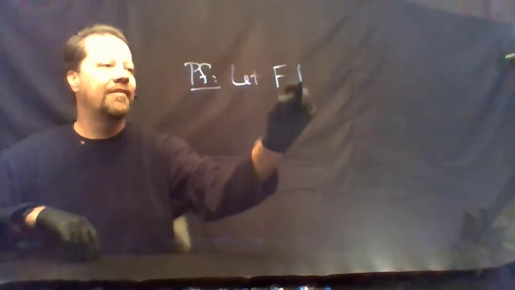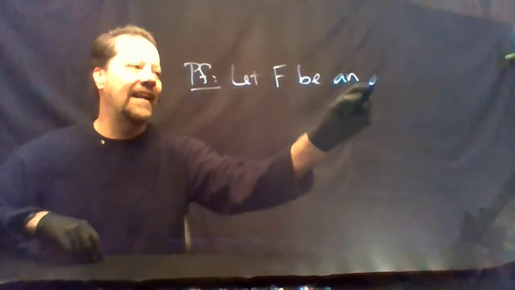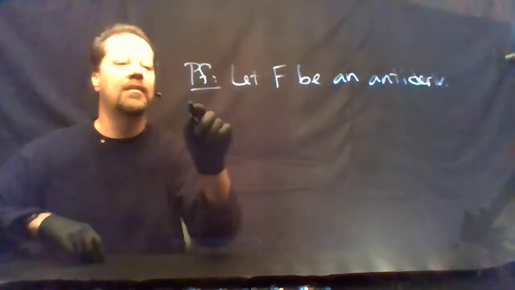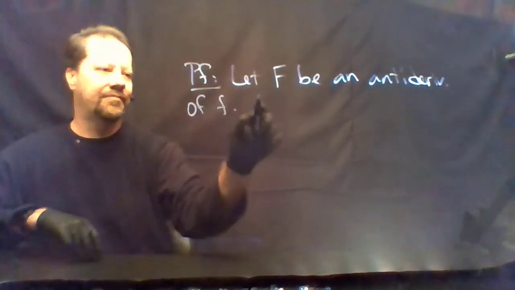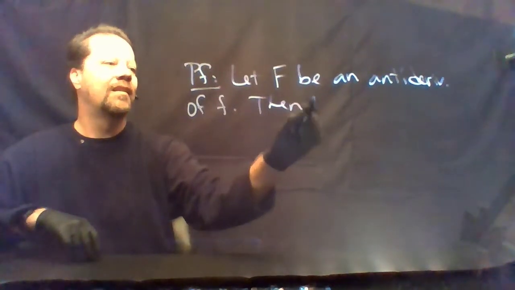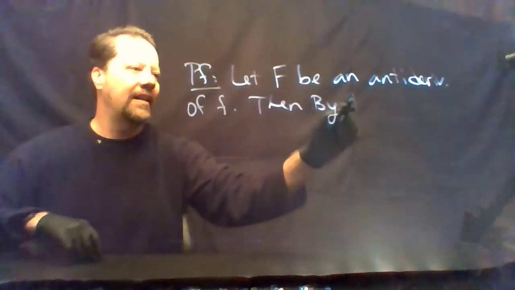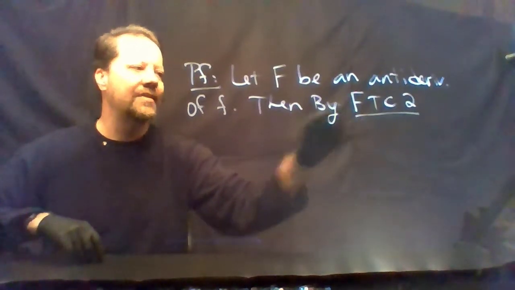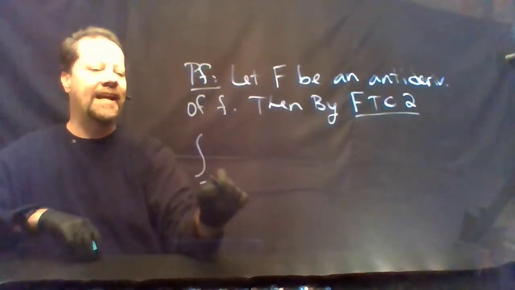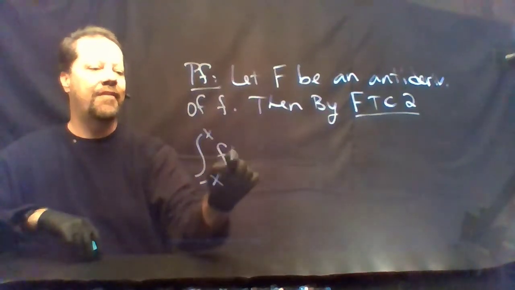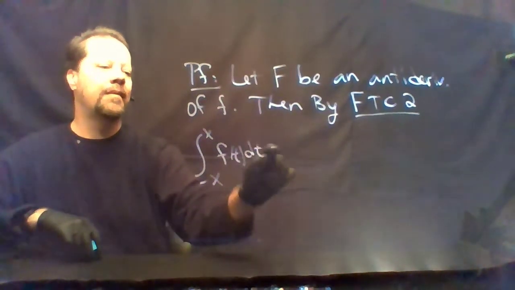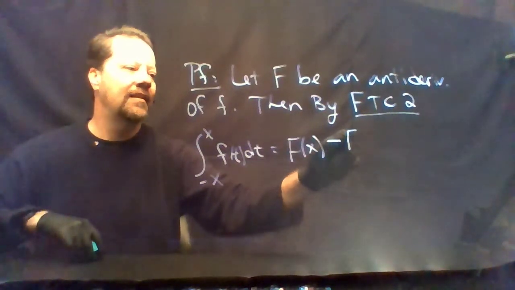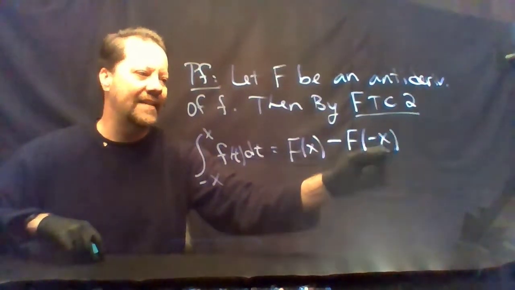Let big F be an antiderivative of little f. By the second fundamental theorem of calculus, the integral from negative x to x of f of t dt will be big F of x minus big F of minus x.